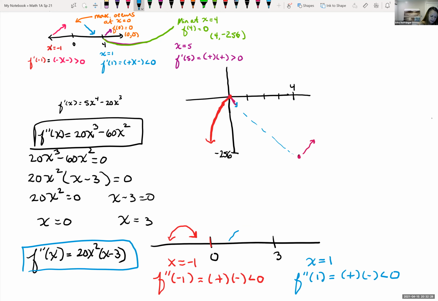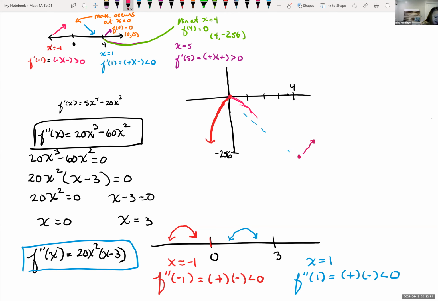This is concave down. So notice here, it's concave down, so it's still going downwards in this shape. Let me just not do that yet.